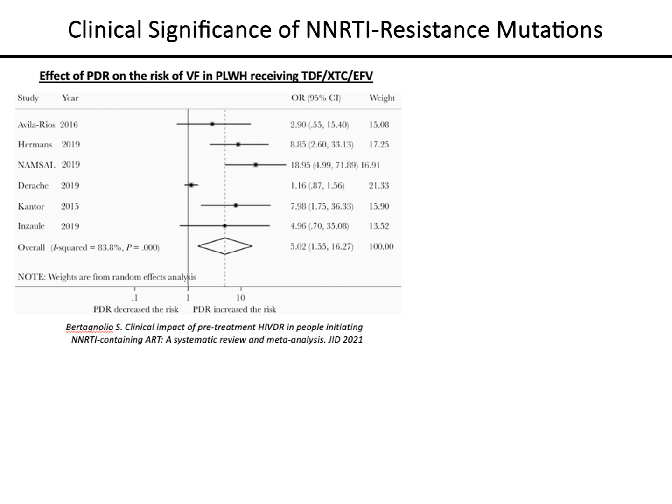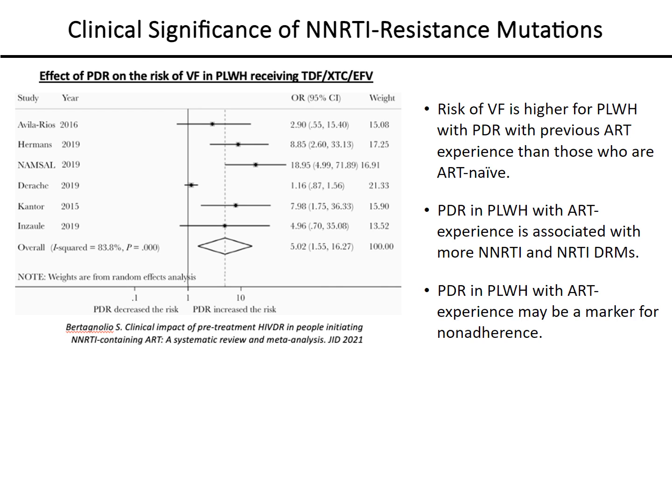A meta-analysis of 4 clinical trials and 2 cohort studies showed that pretreatment drug resistance was associated with an increased risk of virological failure. The risk of virological failure was particularly high for patients who had prior ART experience, such as those reinitiating ART after an interruption in therapy, as compared to those who had been ART naive.